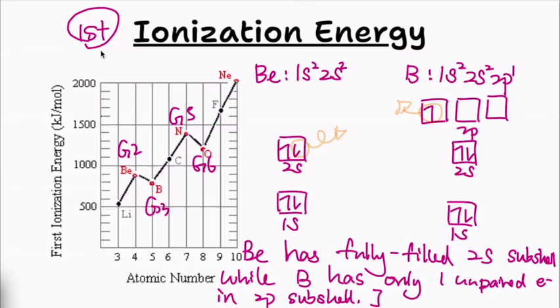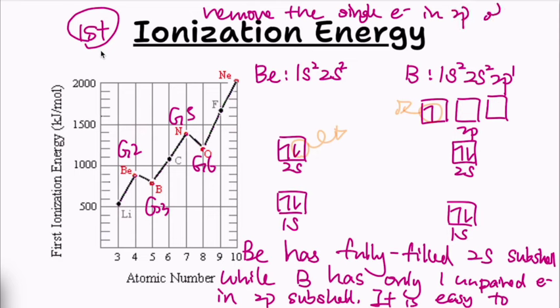So it is relatively easy to remove the single electron in 2p of boron and make it stable.